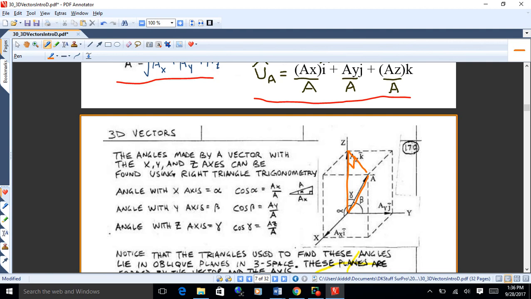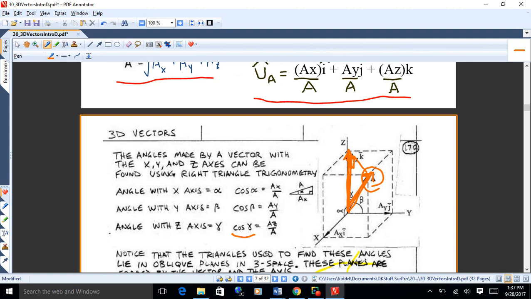So what that means then, if I take A sub z right here, I reversed what I was trying to say there, A sub z, and I divide it by the length of this vector, total vector A, what I get is the cosine of the angle between the vector and the axis, because that's a right triangle.